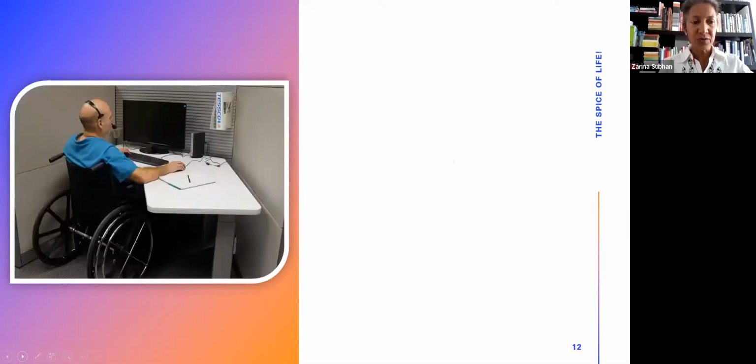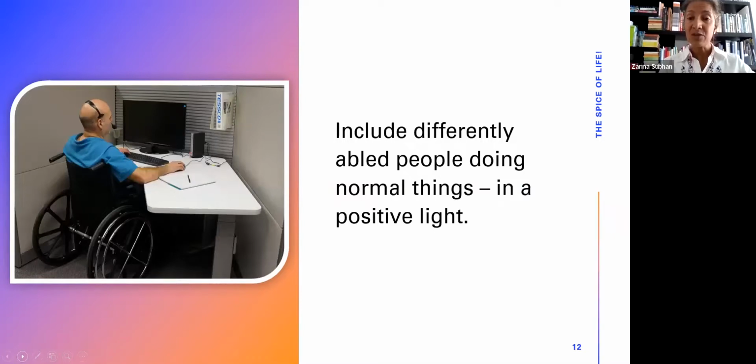And when we do use images, including images of differently abled people doing normal things in a positive light, not necessarily suffering because of their disability, and giving these images and ideas and putting them across without saying, oh, look, here's a person who's differently able to us. It's just sort of one image out of many, and therefore no one even bats an eyelid. So it becomes the norm.